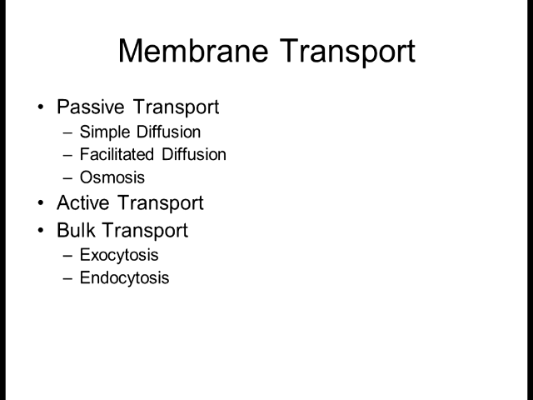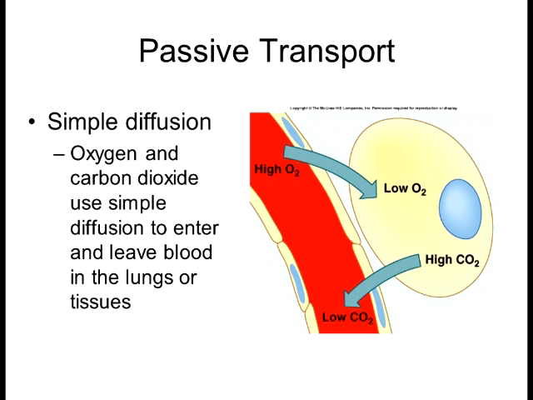Okay? So that's why we call it passive transport, because it occurs passively or without any type of effort, and it's just one of the laws of our universe. All right, so let's talk about the first one. We don't just call it diffusion, because diffusion is just the natural process of molecules to go from a high to a low. When it is across the cell membrane, we call it simple diffusion.